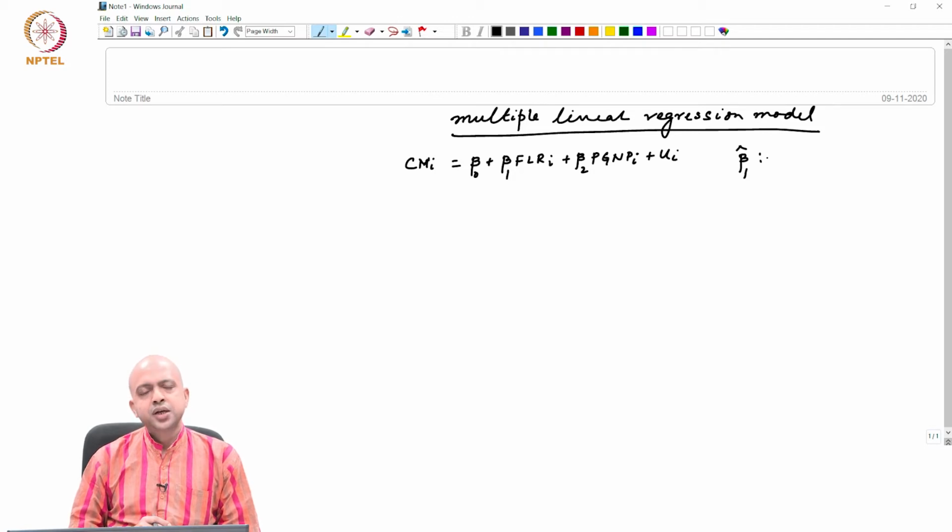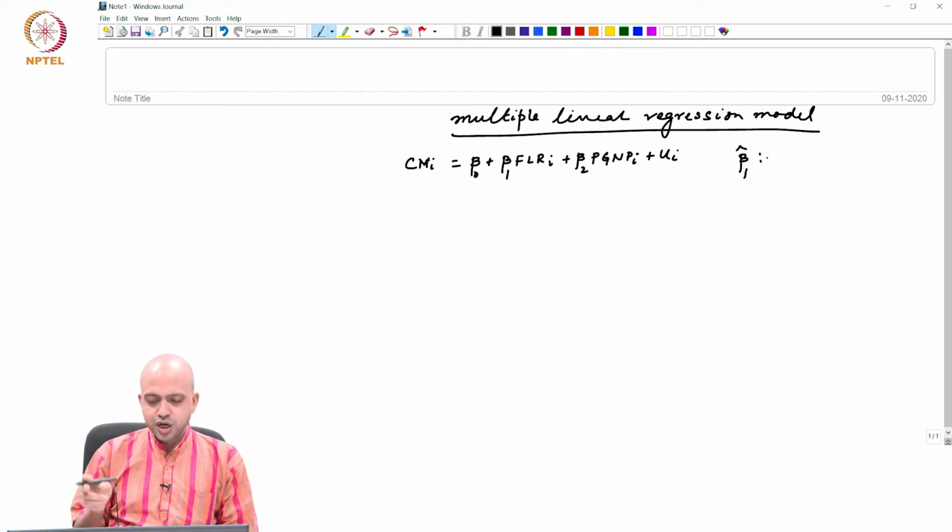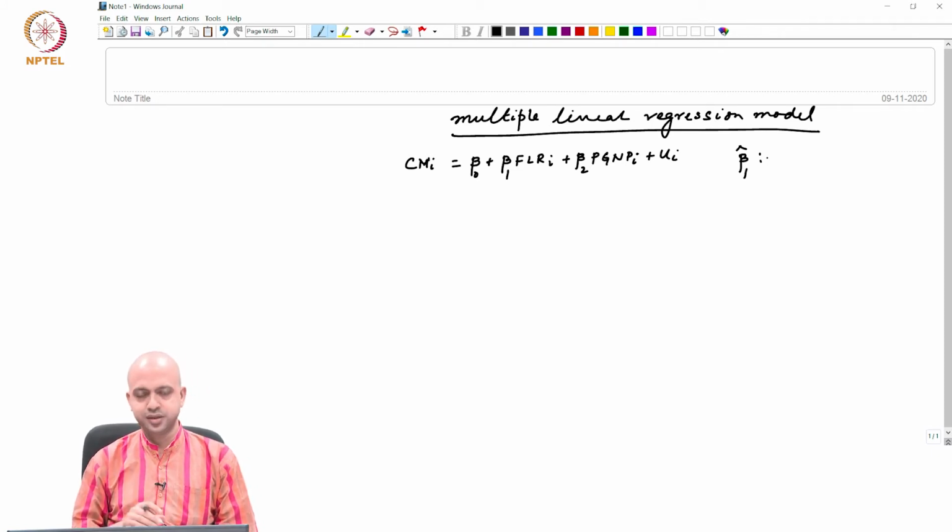And we said that yes, we should include PGNP in the model so as to avoid omitted variable bias. Now, with the same example and the same data set, we will see the severity of omitted variable bias in an empirical setup.